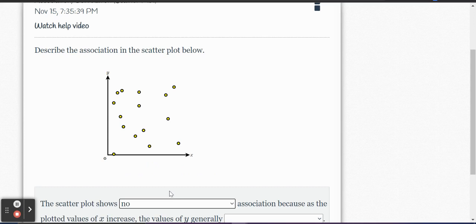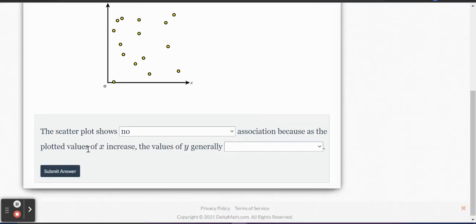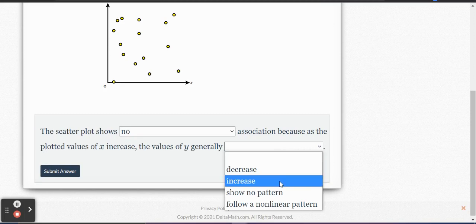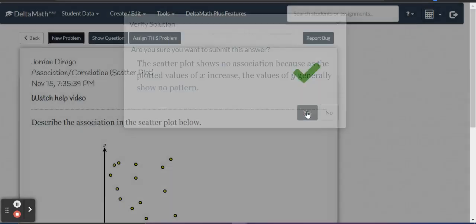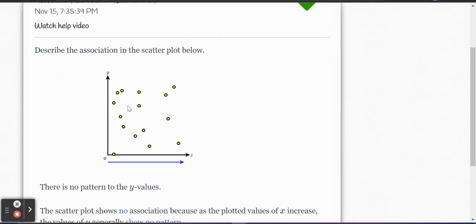There's no association between the data points because as the plotted values of x increase, the values of y generally show no pattern. So I have no idea if this is going up or down. Let's see if that works. Yes, it does. You can't even tell if it's going up or down. It just looks like a starry night.